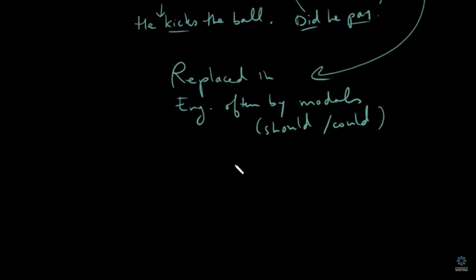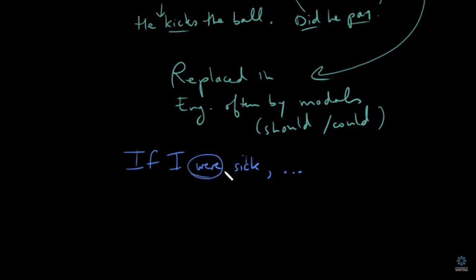Now, let me give you a couple examples then of where you can actually see this in practice. The first one here is with I. So let's say if I were sick, and you finish this, you could say I would binge watch TV all day, or something like that.